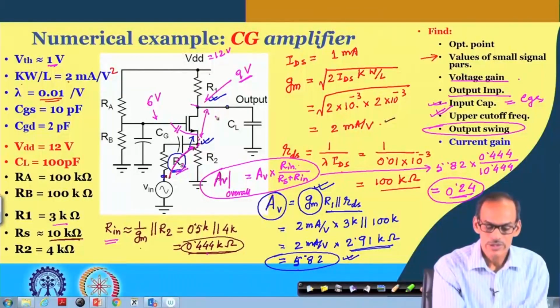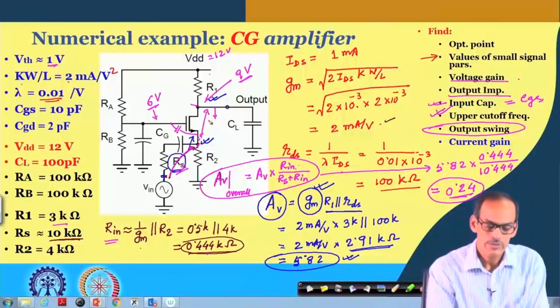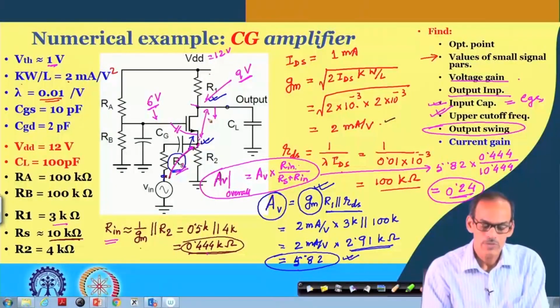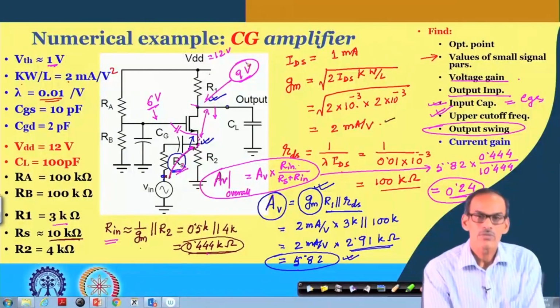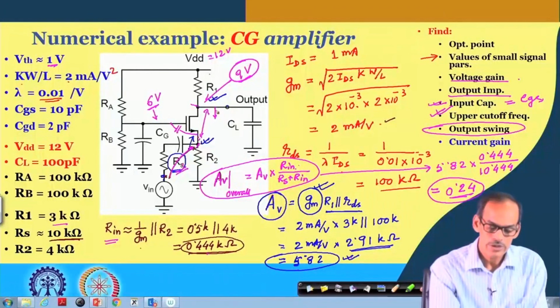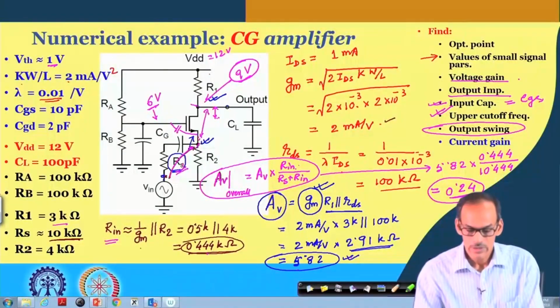So, this voltage can go as low as 6 minus 1, that means as low as 5 volt. So, with respect to 9 volt DC, the corresponding swing towards the negative side is 9 minus 5 volt, that is 4 volt. So, we can say that the negative swing is 4 volt.